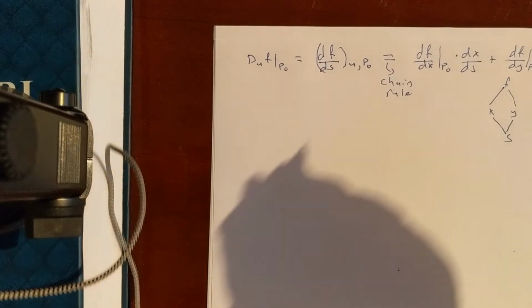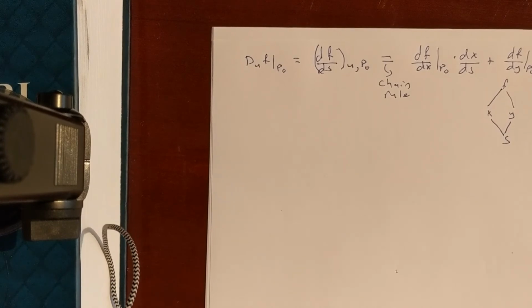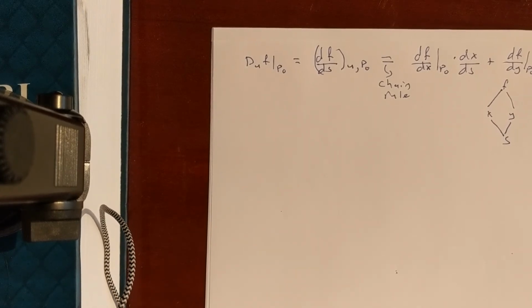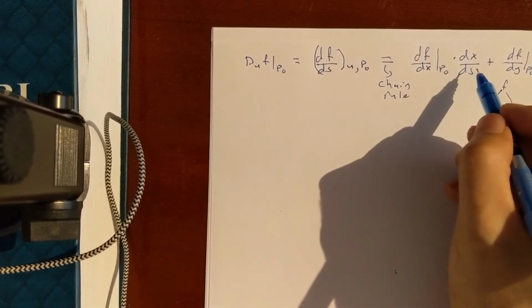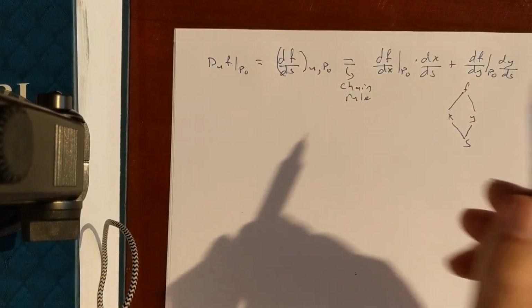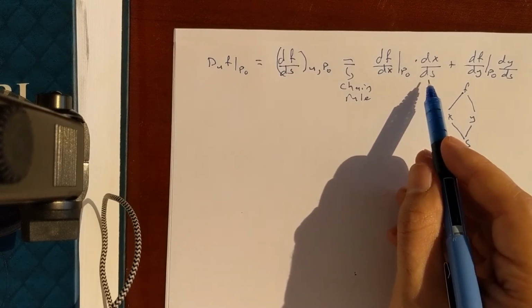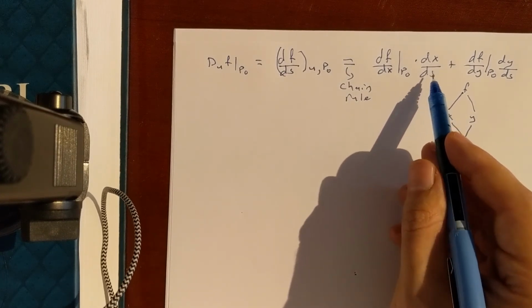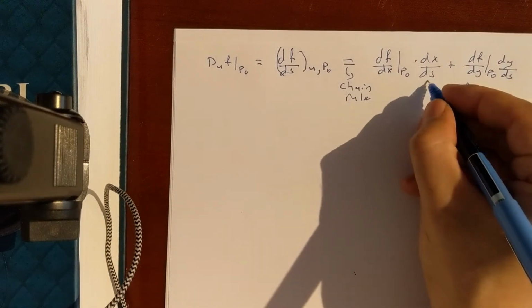Did it really make everything easier? I think it did, and the reason is that we use the arc length parameterization of the line. So dx/ds is just the x component of the vector. This is just u1.